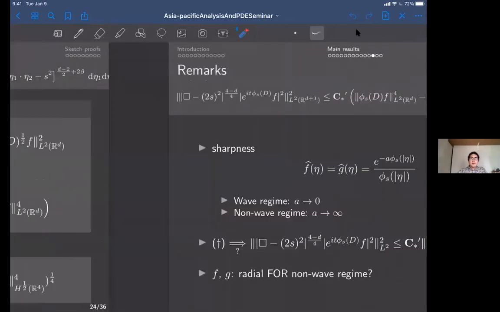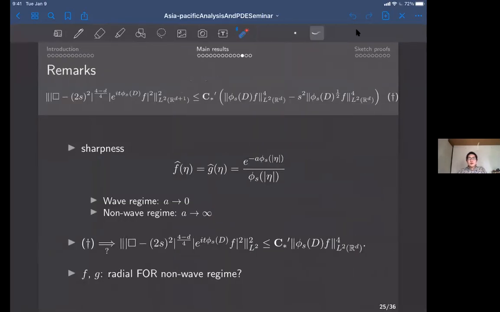All right, and some remarks on the corollaries. To show the sharpness, you can consider this function as input with the parameter a. Then for the wave regime, you send a to 0. Then for the non-wave regime, you send a to infinity.